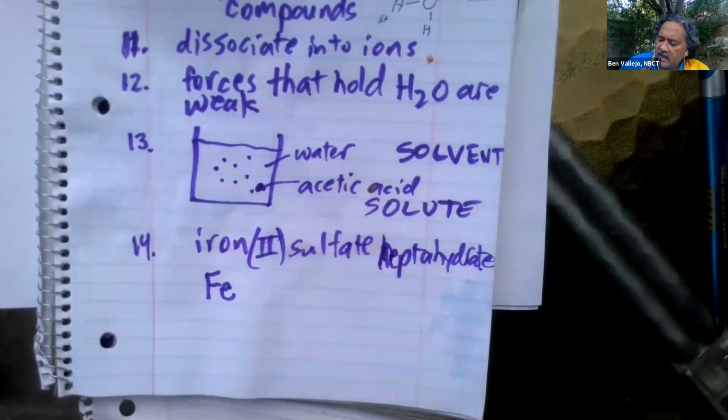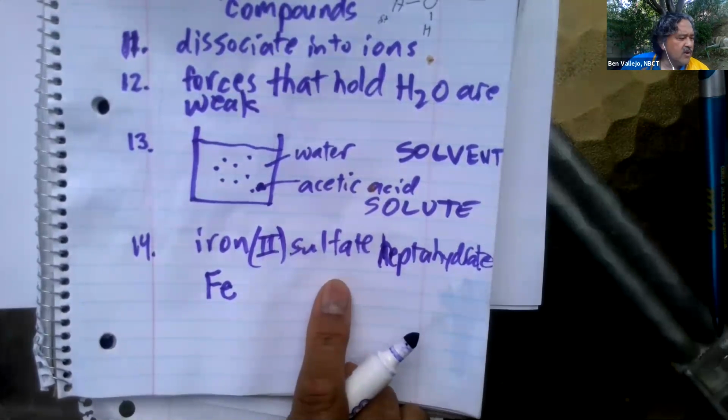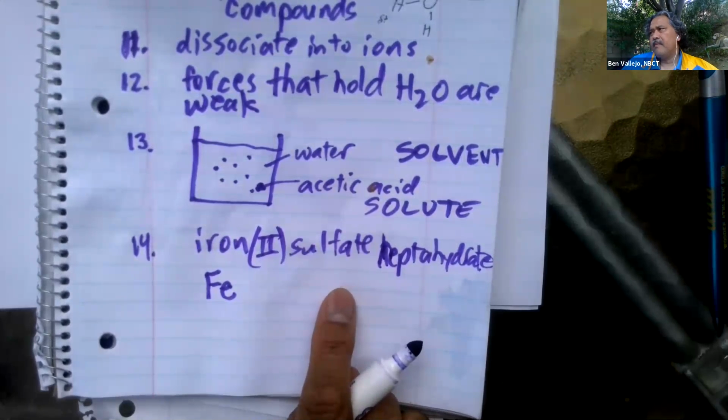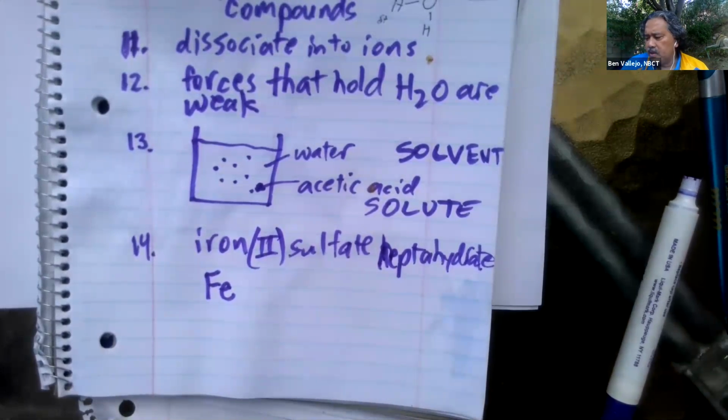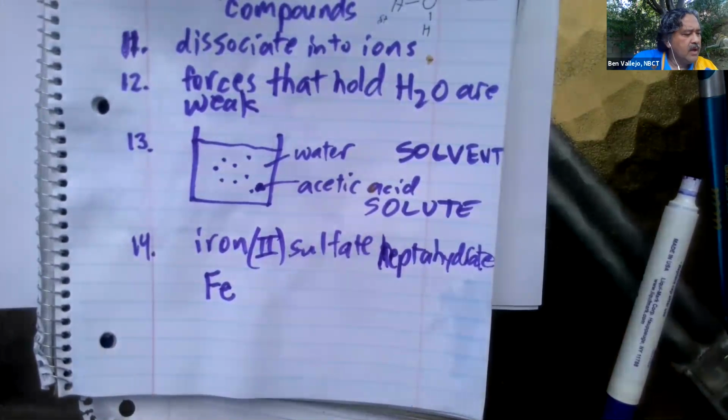Okay. And then sulfate, you may not have sulfate memorized, but remember way back when I told you that some chemistry books will take your table of common polyatomic ions and put it next to the periodic table because it's so often used. Well, I put a post-it on mine, and it's on page 268.